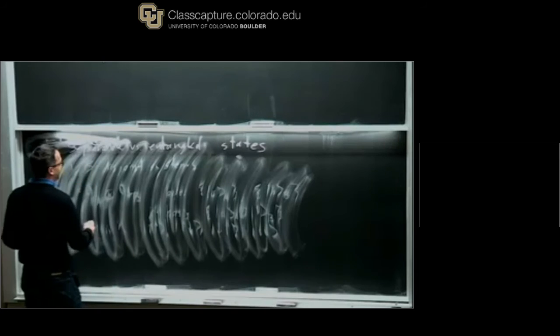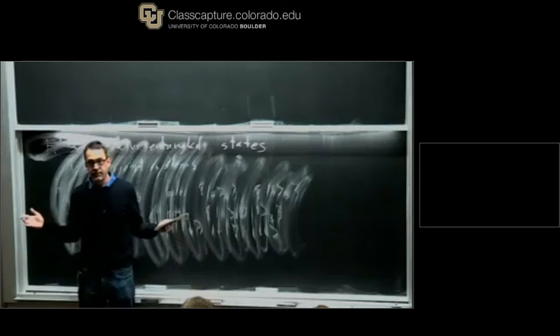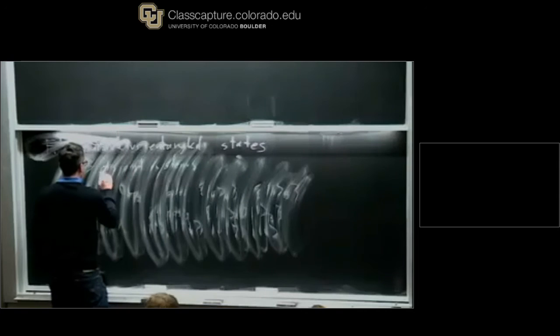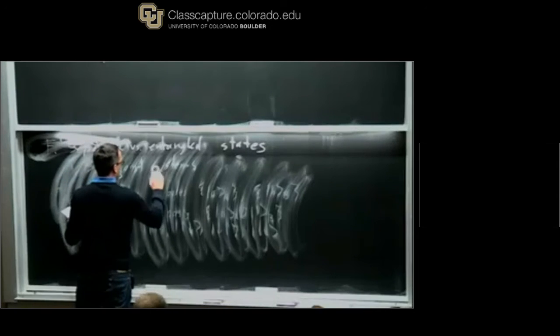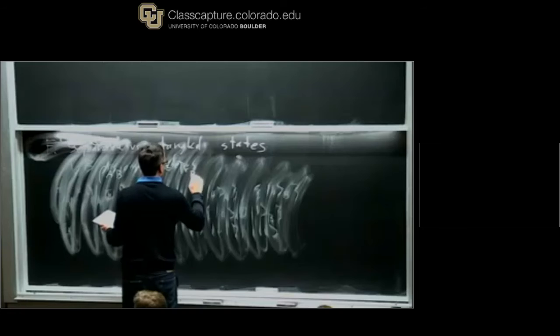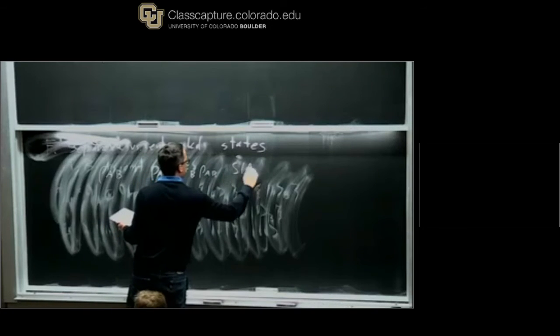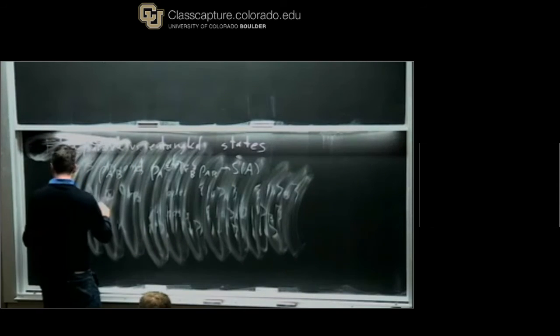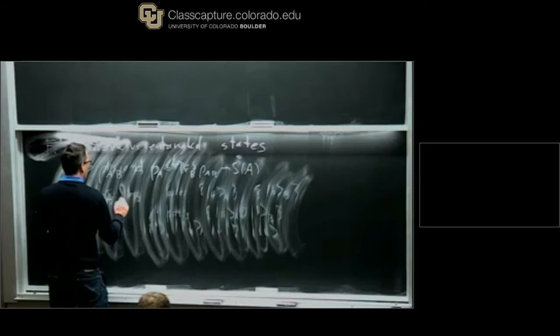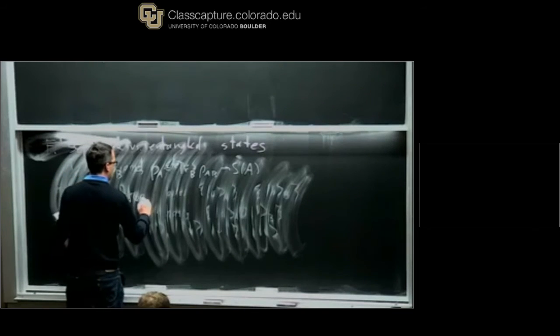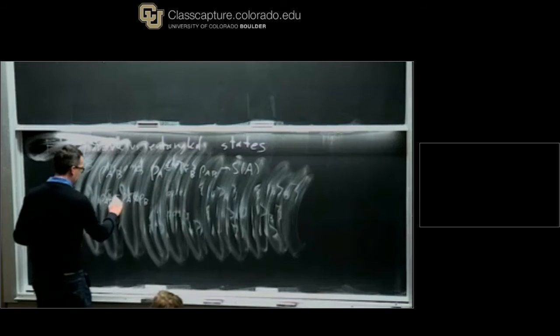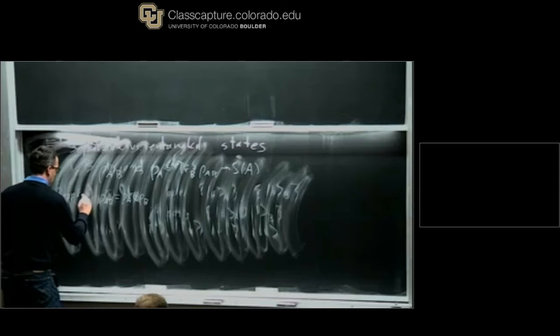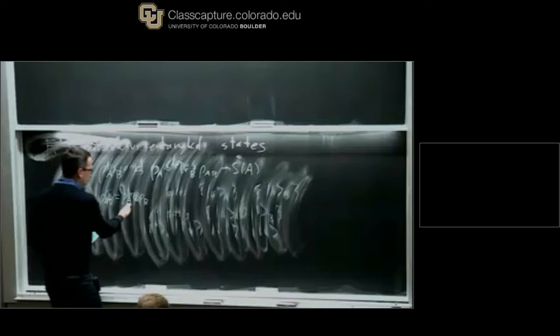Let's not assume anymore that rho AB is pure. So I have some rho AB, and I compute rho A, and I compute S of A. And let's say I find it's non-zero. Does that mean I have entanglement? Well, let me give a counterexample. Let's say rho AB is just rho A times rho B. That's consistent with this notation because once I trace over B, I'll get back to rho A. And let's say rho A happens to be mixed.